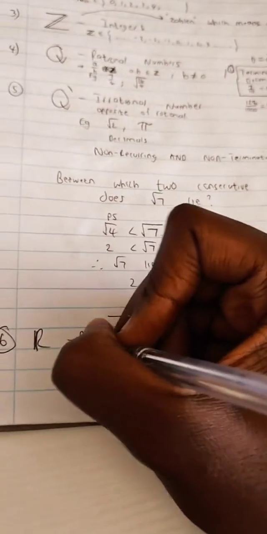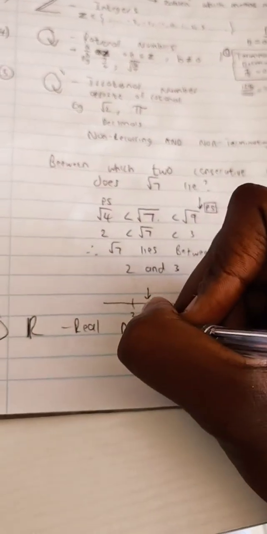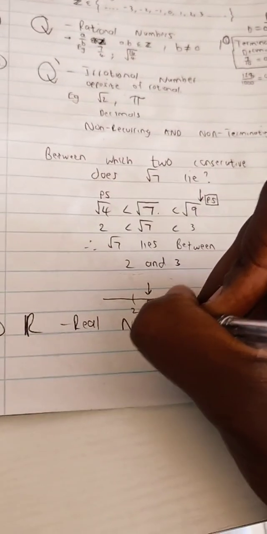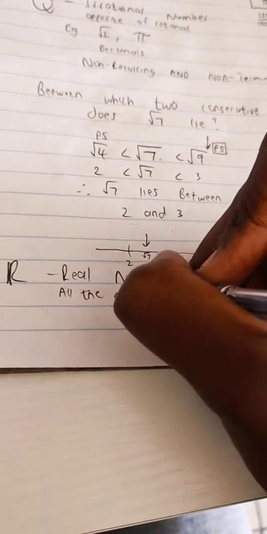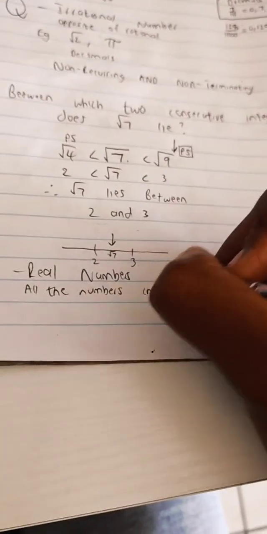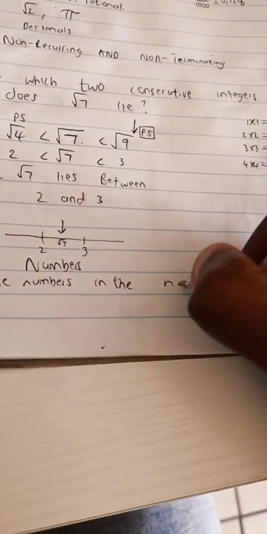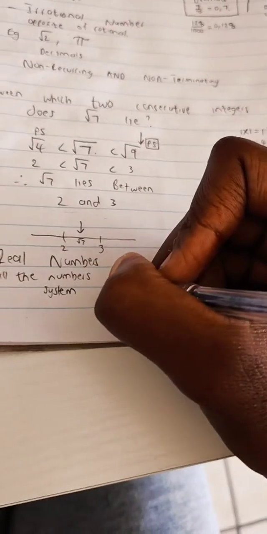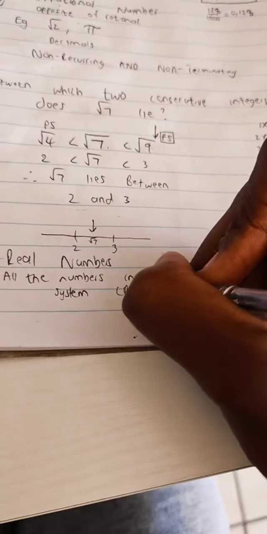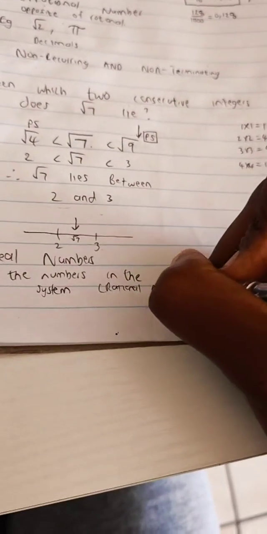R means real number. Do you know what real numbers are, guys? What are real numbers? All the numbers in the number system. Rational and irrational.